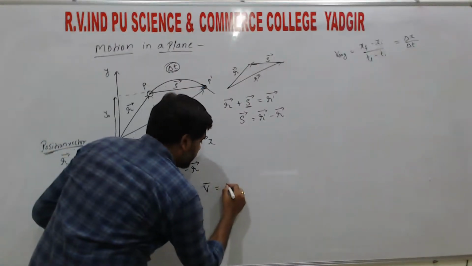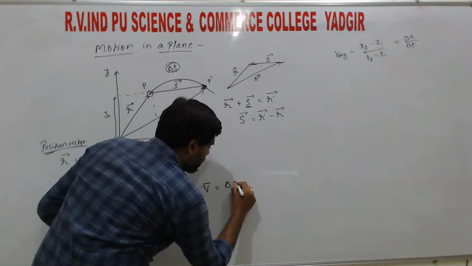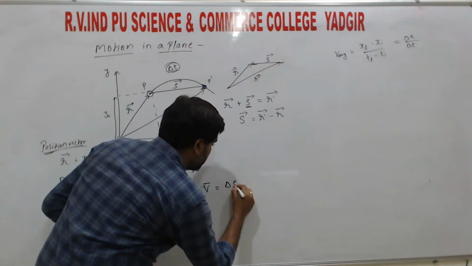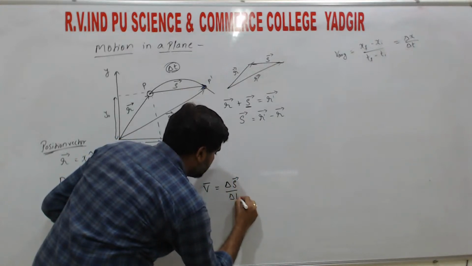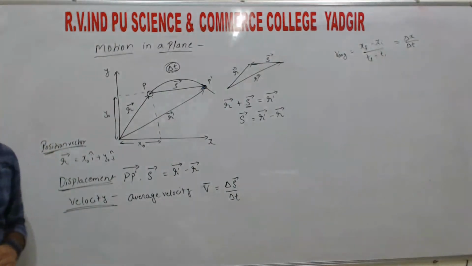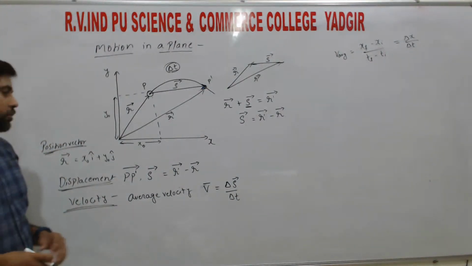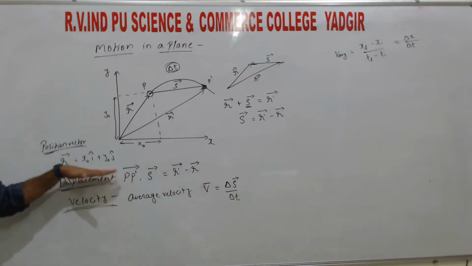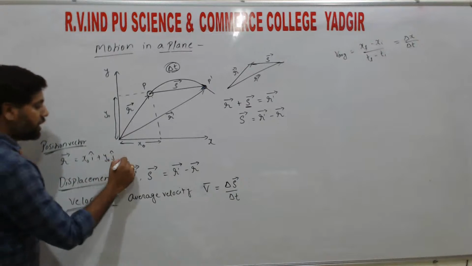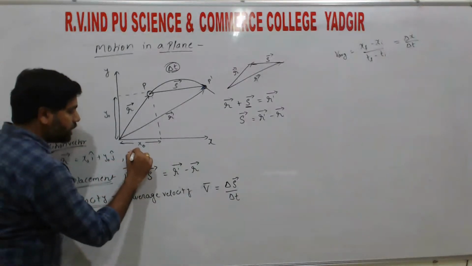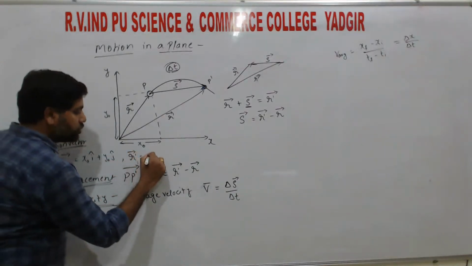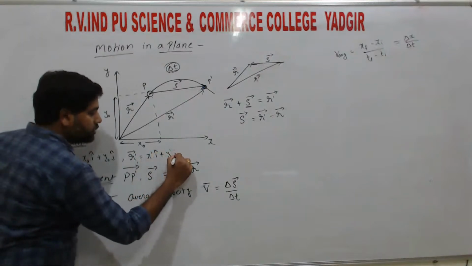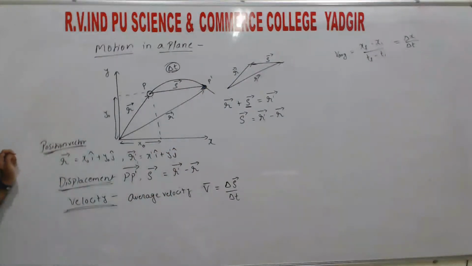So v bar equals delta, here displacement will be taken as s, by delta t, right? So we know, yes. So here we have taken r, in the same way we can write r dash, vector r dash equals x dash i cap plus y dash j cap, right?